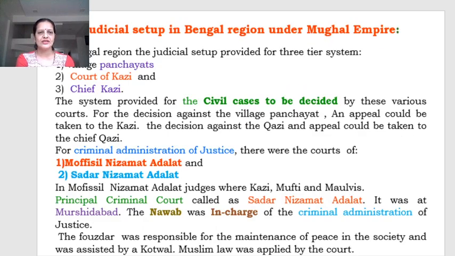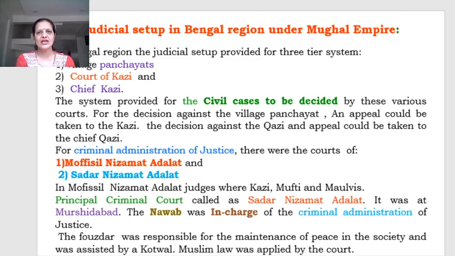Now, the judicial setup in the Bengal region under the Mughal emperor. In the Bengal region, the judicial setup provided for a three-tier system. The first was the village panchayat, the second was the court of Kazi, and the third was the chief Kazi. The system provided for civil cases to be decided by these various courts, that is, the courts of village panchayat, Kazi and chief Kazi.